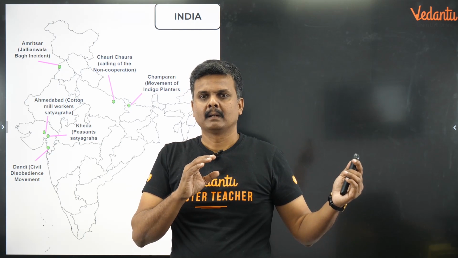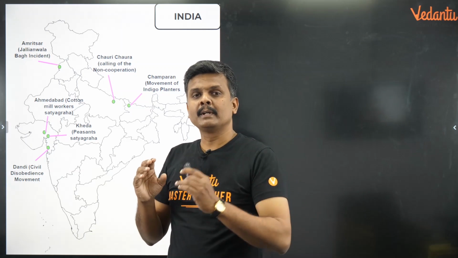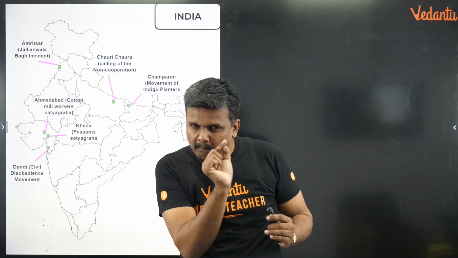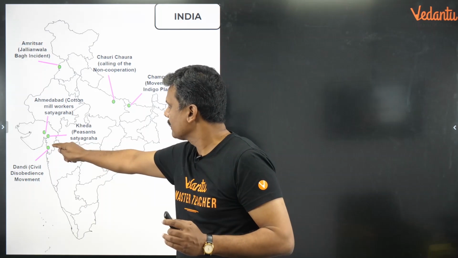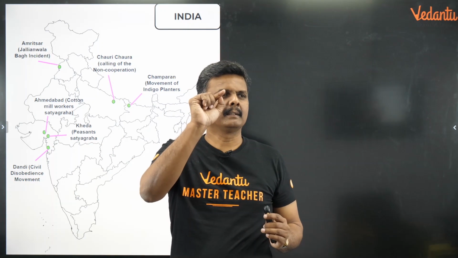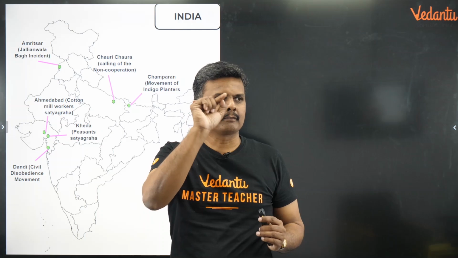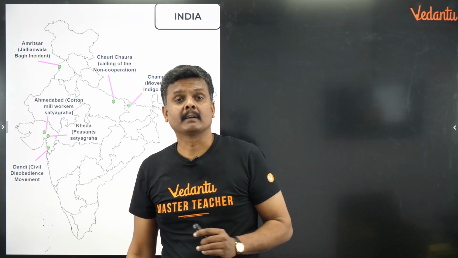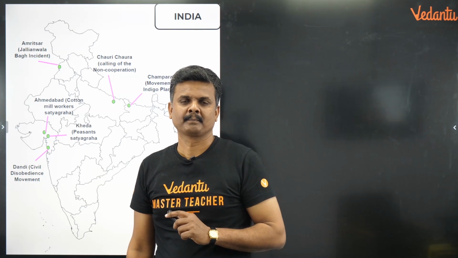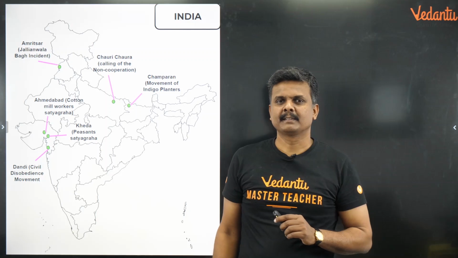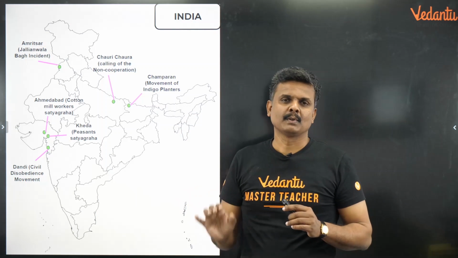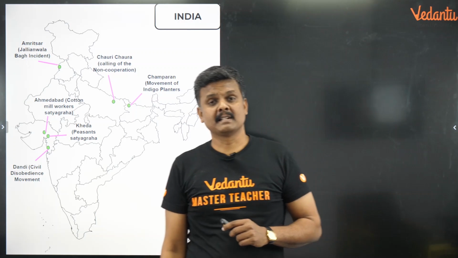And I also need to remember Dandi, because on the border, you need to remember that part also. And the center, Ahmedabad, center of Gujarat, where the cotton mill workers performed the Satyagraha. Clear, guys? So this is how the map work goes when it comes to nationalism in India.